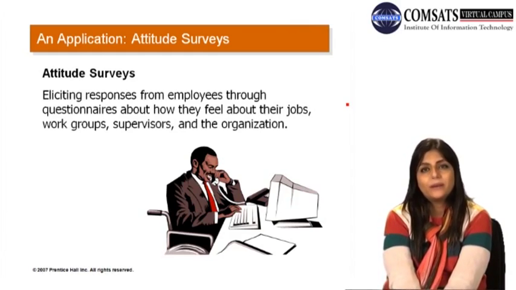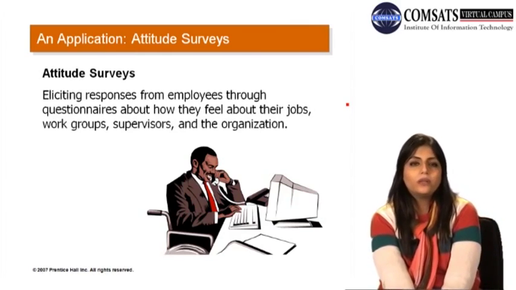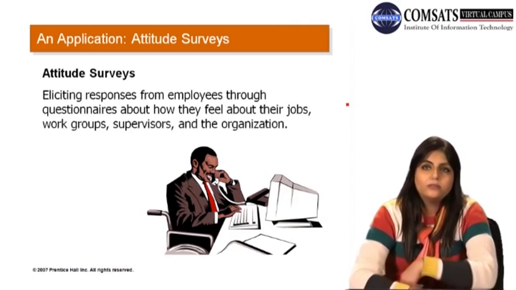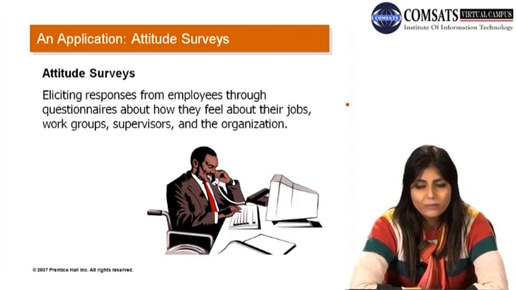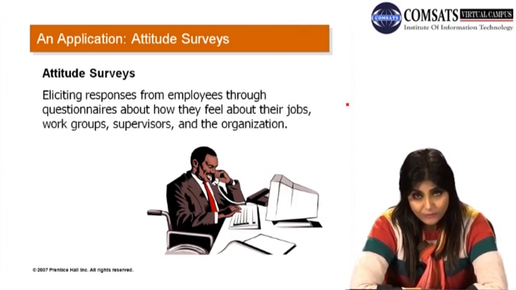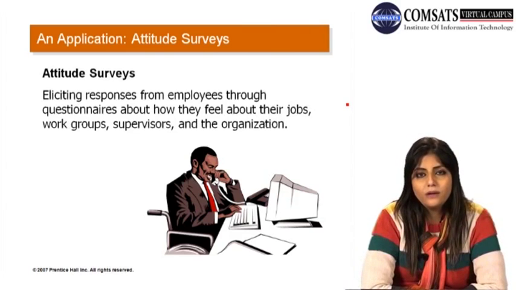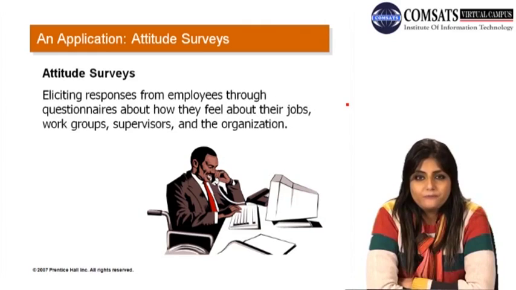So on a number of different dimensions in the organization, you ask the employees different questions by way of a questionnaire, and then try to know what they say about those surveys, which we also call employee satisfaction surveys. Different organizations conduct such surveys on an annual basis.